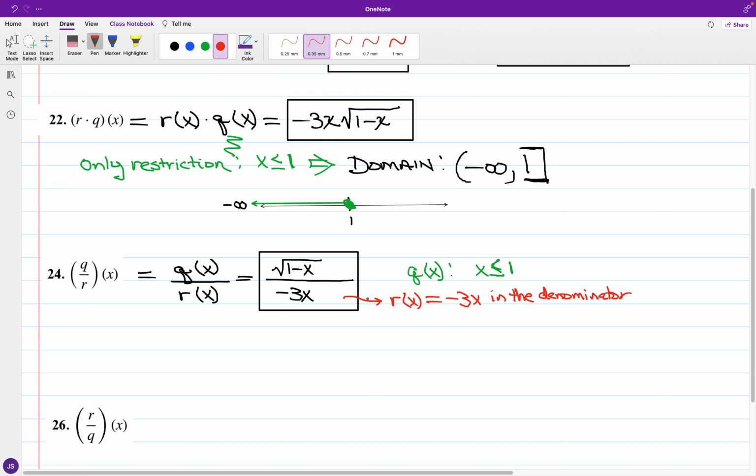Now, if I had negative 3x in direct terms, like if it were in the numerator, there would be no restriction. But since I have negative 3x in the denominator, it's going to follow that negative 3x cannot be 0. So this will dictate that x cannot be equal to 0 either. So for the quotient function, I'm looking at meeting both of these restrictions, for q of x and also the fact that r of x is in the denominator.